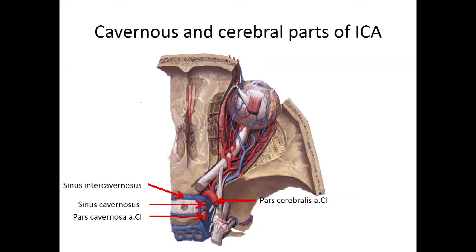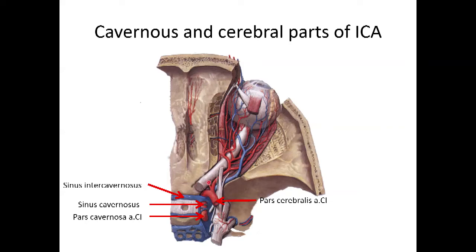It was removed when they opened the orbit. So processus clinoideus was removed. We can see this removed part of ala minor just here. So this is pars cavernosa, Arteria carotis interna, and after this turning, this is pars cerebralis.